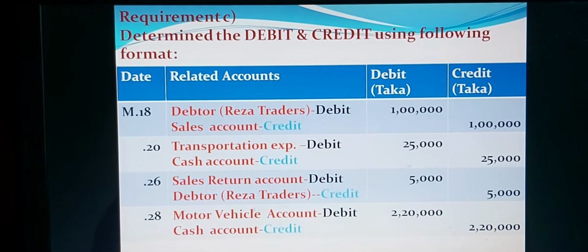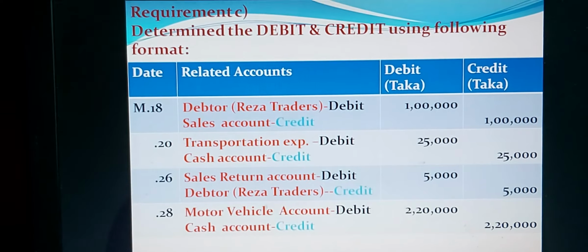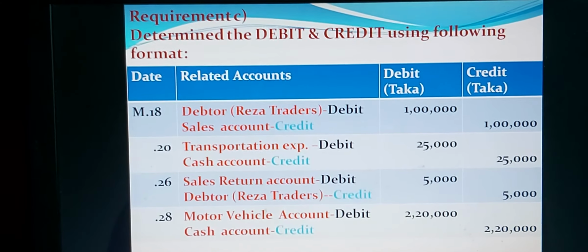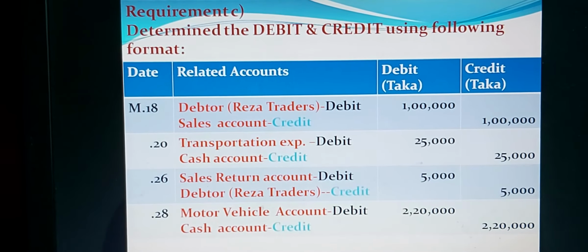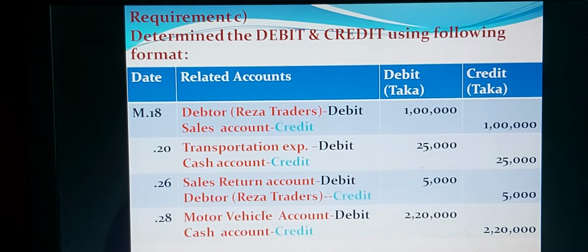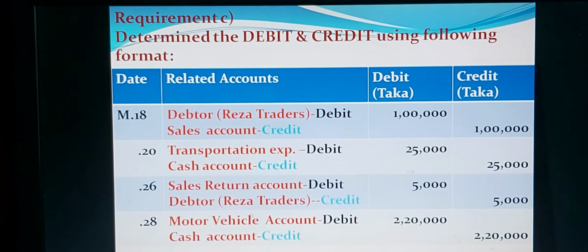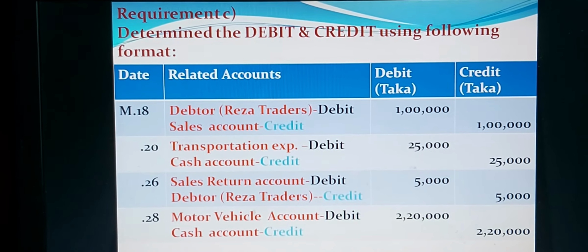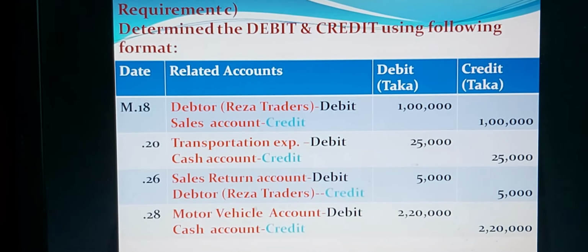Number 26. Return from Reza traders. When sold to Reza traders, then Reza traders or debtors account is debit. But when goods are returned from Reza traders, then always Reza traders or debtors or account receivable account is credit.